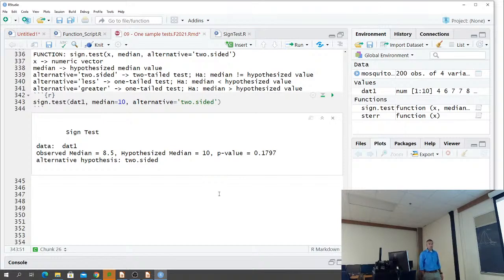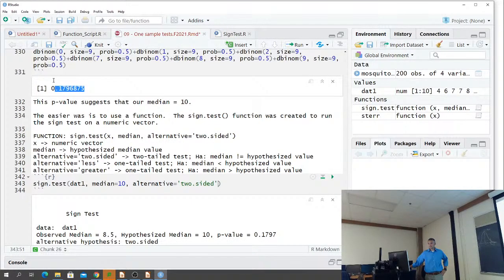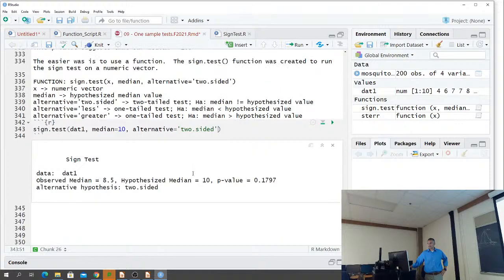We're comparing 8.5 to 10, and it's saying, well, if we actually were 10, there's no big surprise that we would only get two values. Two-sided alternative hypothesis, p-value is 0.1797. Is that the same value that we had when we did it this long way? Yes, it is. Exact same value.